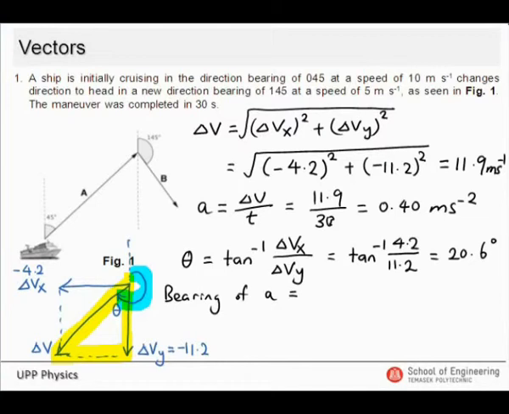It will be 180 degrees plus theta. So 180 plus 20.6, so your bearing is actually about 200.6. But let's round it off. It will be, let's say, 201.